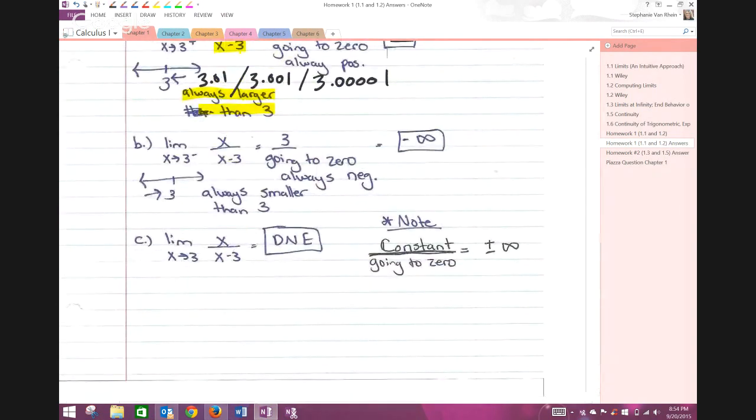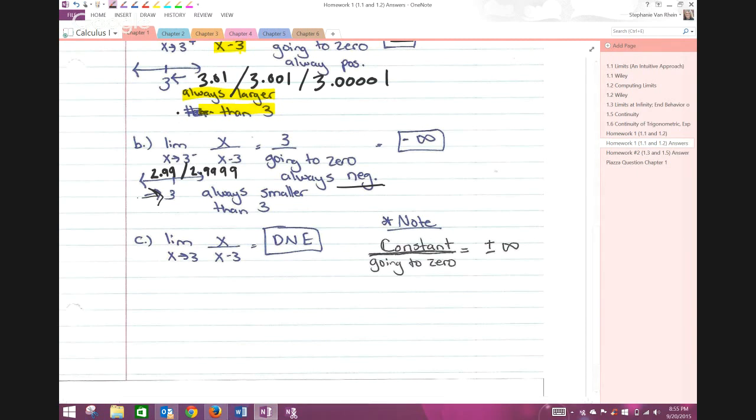The same thing on B: I'm on the left side of 3, so my top goes to 3. My bottom, the numbers would be like 2.99. 2.99 minus 3 is going to 0, but it's always negative. So 2.99, 2.9999, getting closer and closer to 0, but always negative.